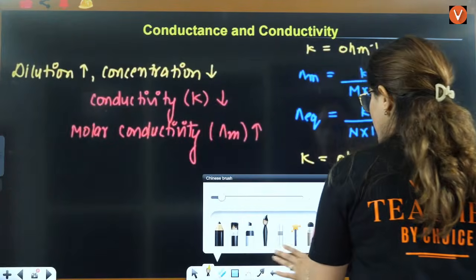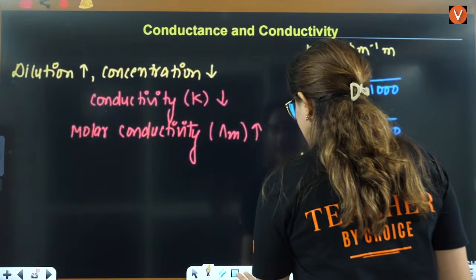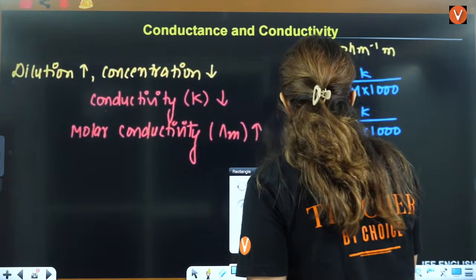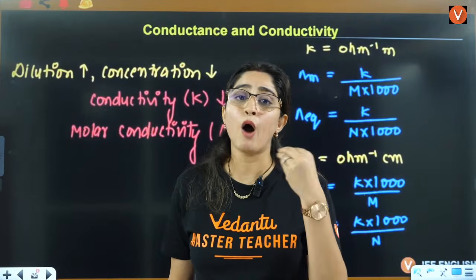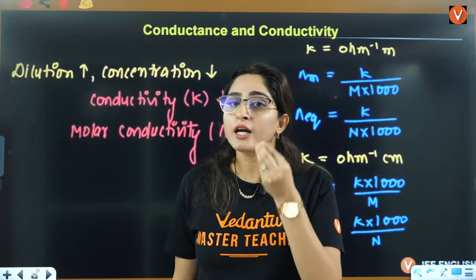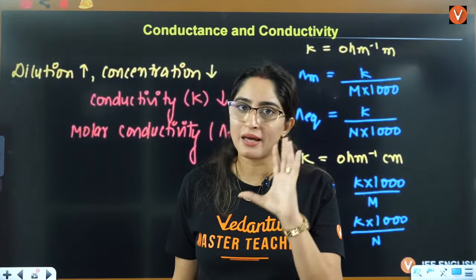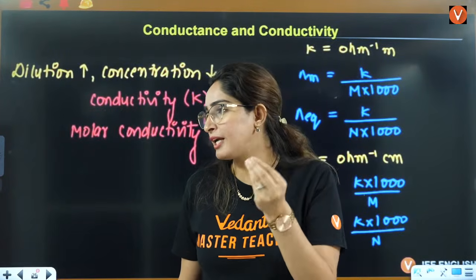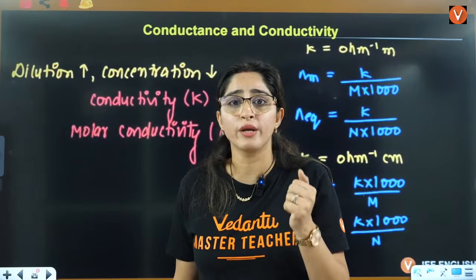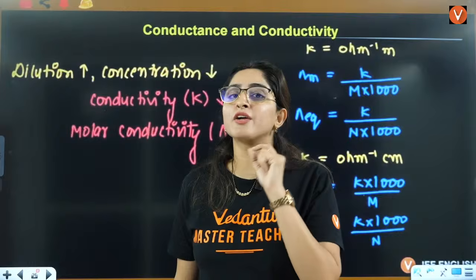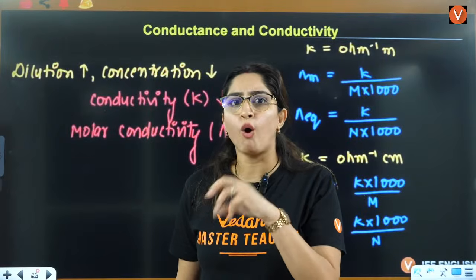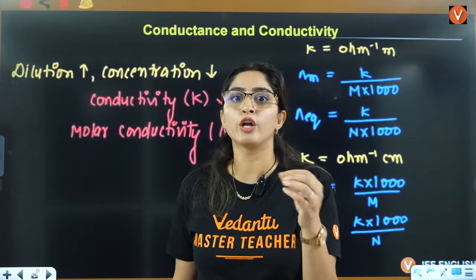Then what we have seen here is that conductance is for a given volume, how many ions are flowing. Conductivity is for a unit volume, in 1 centimeter cube, how many ions are flowing. And for molar conductivity, we don't talk about a given volume or 1 centimeter cube or 1 meter cube.